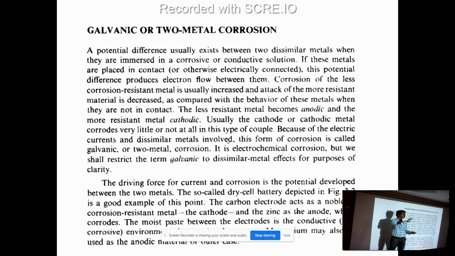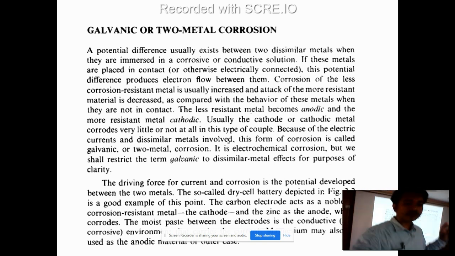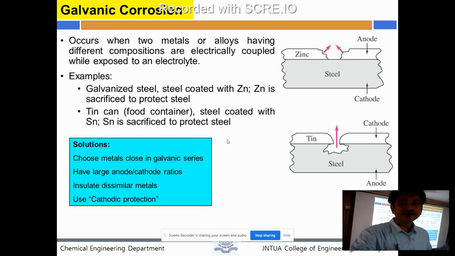That's why iron will be protected when I connect it with either magnesium or zinc. So with an iron-magnesium couple or zinc-iron couple, iron will be protected by sacrificing the magnesium or zinc, called galvanic metal coupling. Okay, we have discussed all these things, so I am not spending more time here. I showed you some examples: zinc with steel or tin with steel.